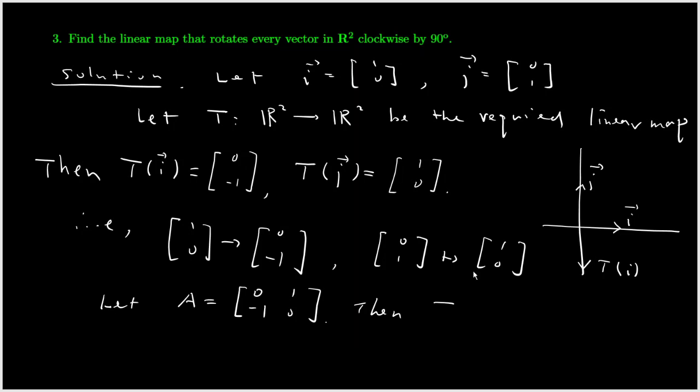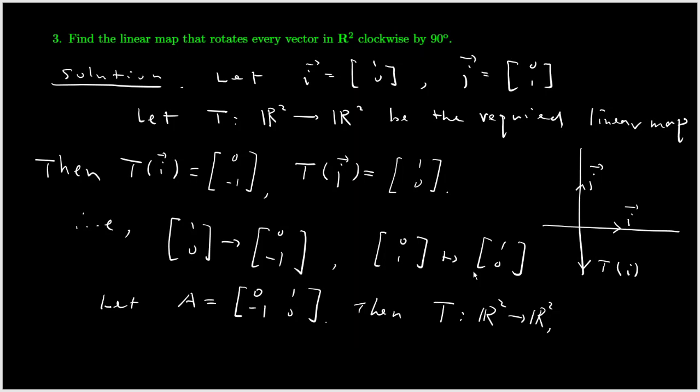So can I use T to denote the linear map? A is a 2 by 2 matrix, and T is a linear map from R2 to R2. A 2 by 2 matrix determines a linear map from R2 to R2. So this time I'm going to write the rule directly. I still want to write it in 2 lines.